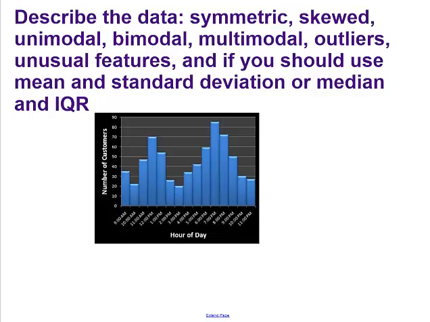Here we have a bimodal distribution, two major humps, one around noon and one around 7 p.m. So it's probably customers there for lunch and customers there maybe around dinner time, evening.